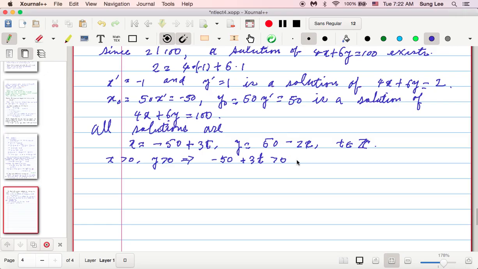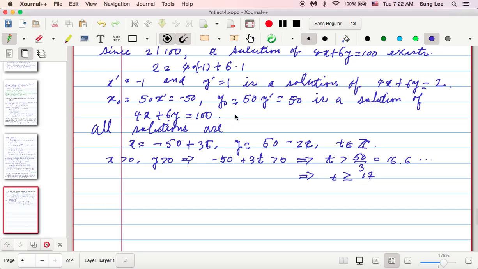Solving this inequality for t, t is greater than 50 over 3, which is about 16.67. Since t is an integer, t is greater than or equal to 17.